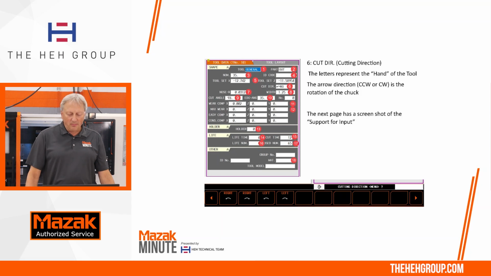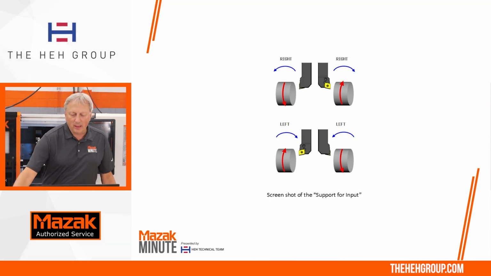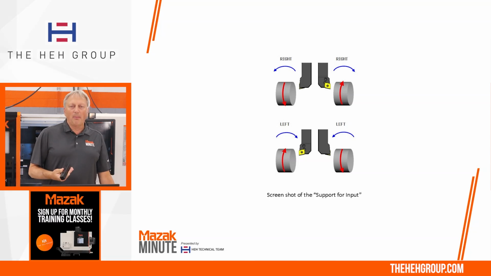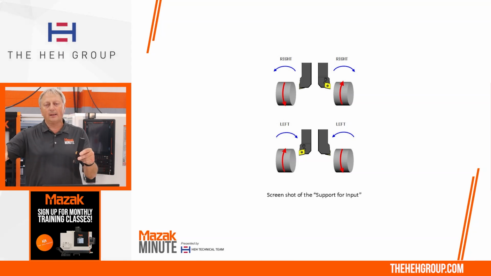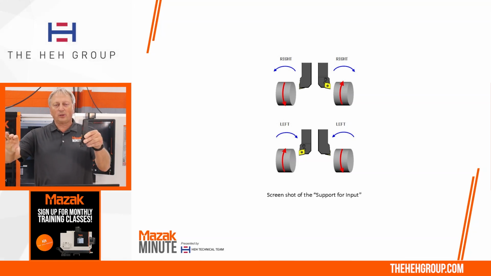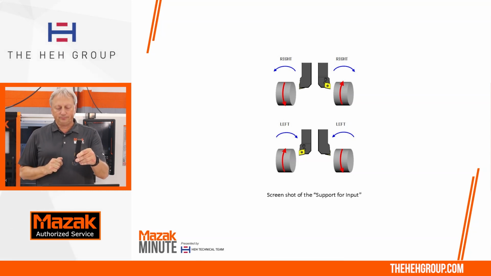The next page is going to be a screenshot of our support for input, and this helps really define the right hand tool and the direction how it's cutting. So again, I'm going to grab my tool and face it, let's say that the main spindle is over here on the right hand side. What you're seeing is as the tool is coming, you don't see the insert, and the chuck is spinning counterclockwise.